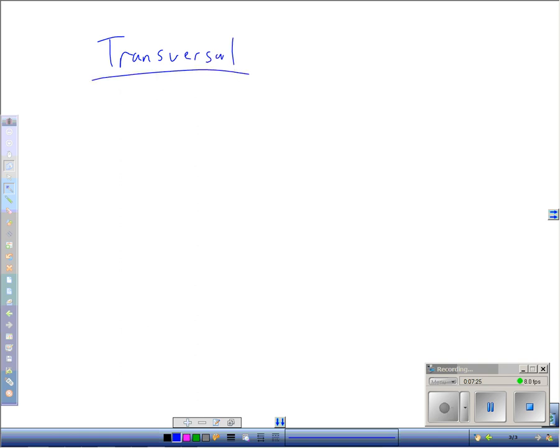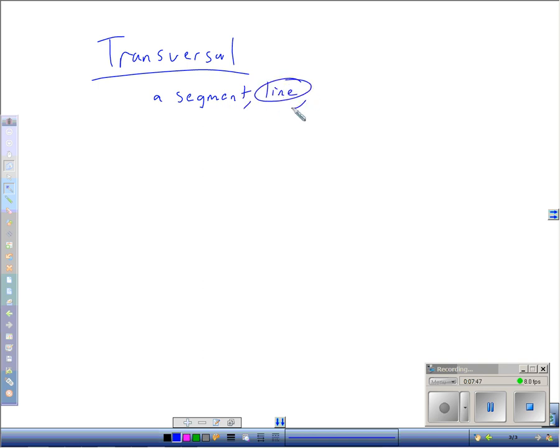Okay, a transversal is a line, a segment, or ray that is cut by two or more lines. So let's write that down. It's a segment, a line.